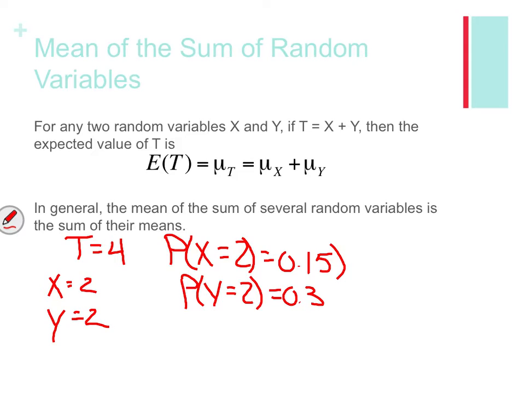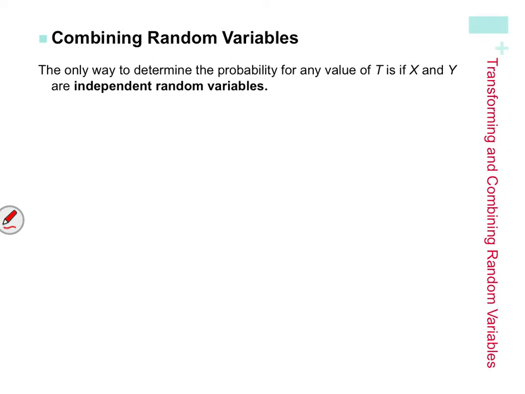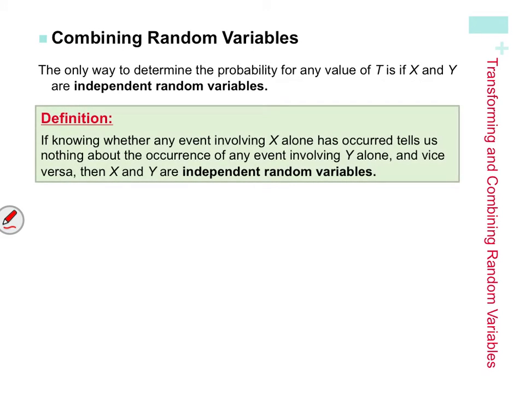In fact, we can't calculate the probability for any value of T unless X and Y are going to be independent, okay? So if knowing whether any event involving X alone has occurred tells us nothing about the occurrence of any event involving Y alone, and vice versa, then X and Y are independent random variables.